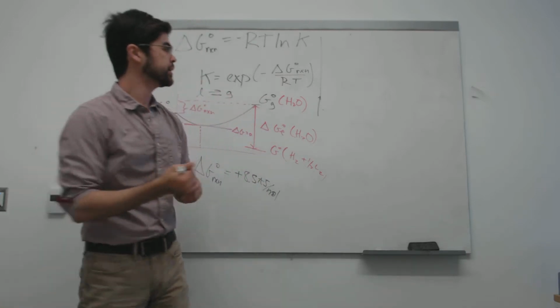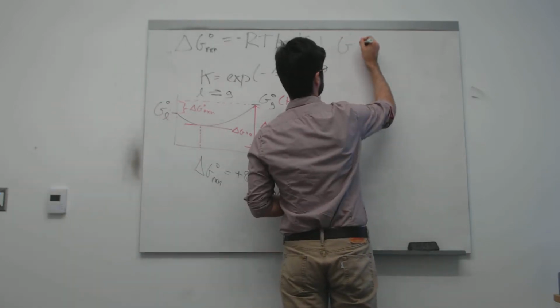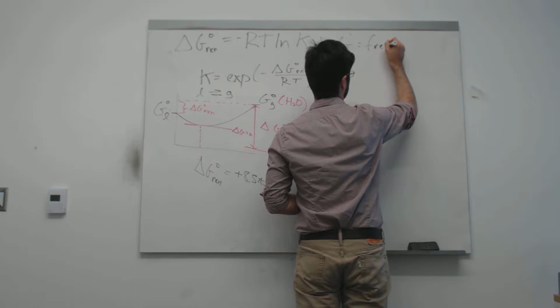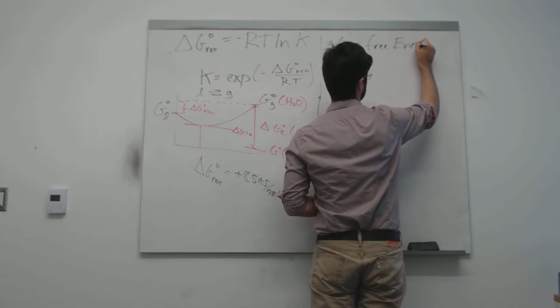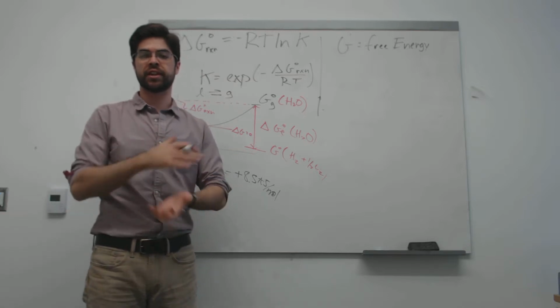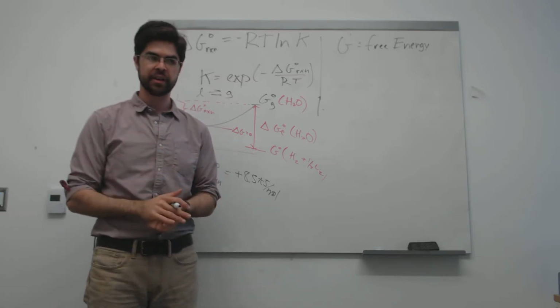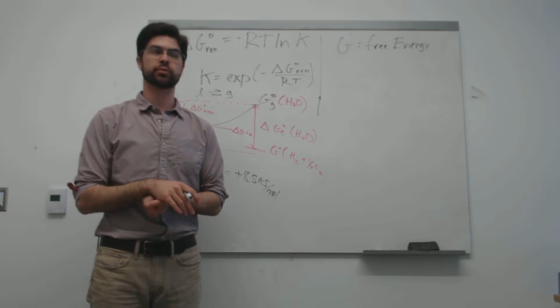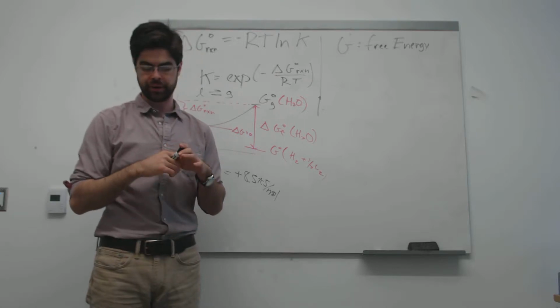So G is just the free energy of a system or a substance. It's just however much free energy it happens to actually have.